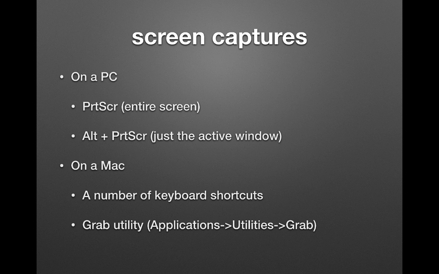Okay, and so I mentioned that we're going to do screen captures. There are a couple of ways of doing this. On a PC, you might notice that you have a key somewhere on the keyboard that says print screen, PRT SCR, something like that. On a laptop, it can be just about anywhere.